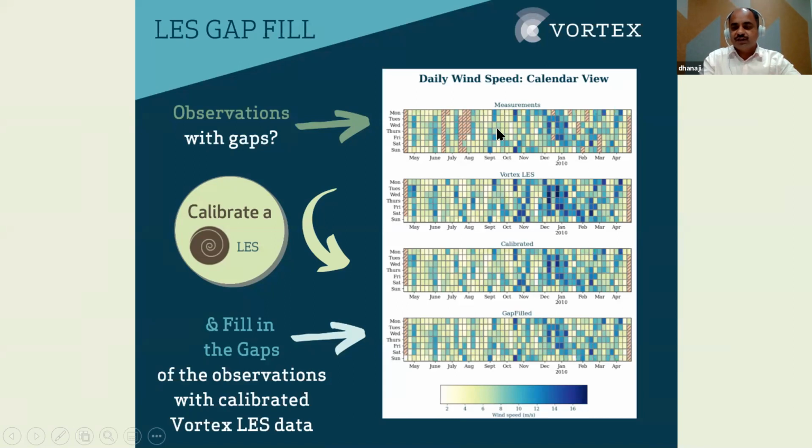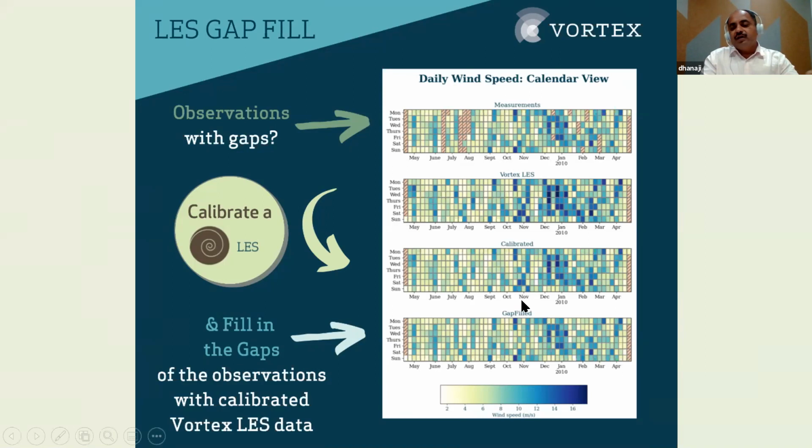Of course, the tool uses the measured data to calibrate this LES output, so we have a calibrated, consistent 1 year of LES data. The tool will use this calibrated output to fill these gaps, and so the user will have a gap-filled, consistent 1 year of data.